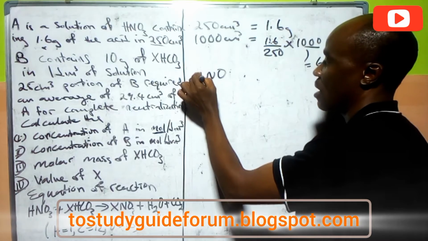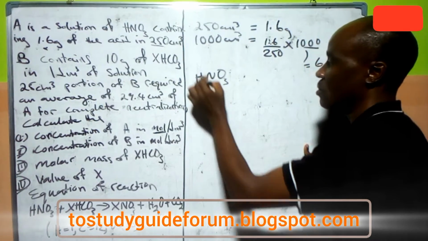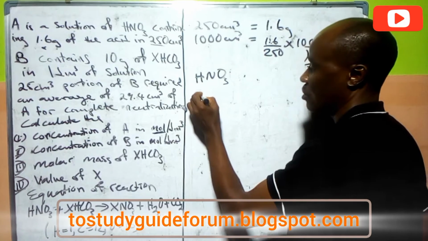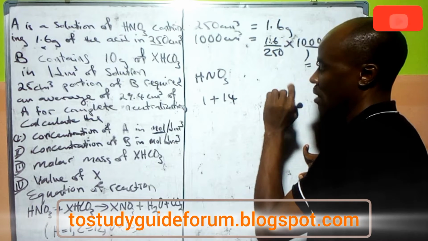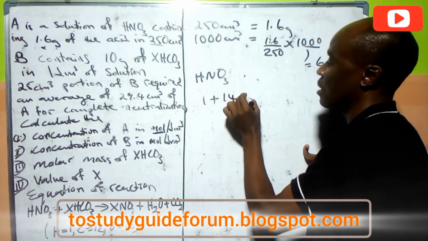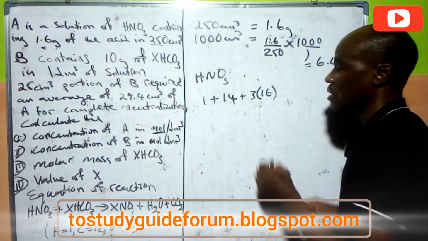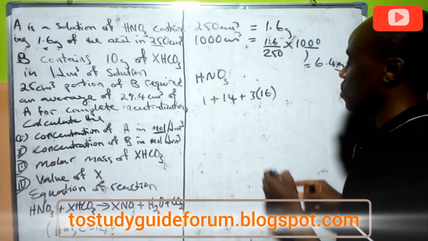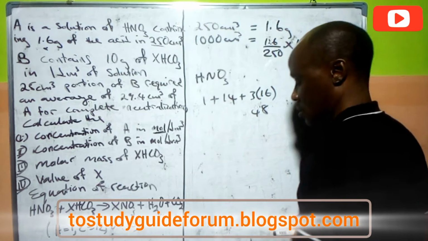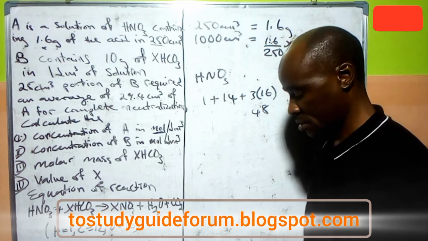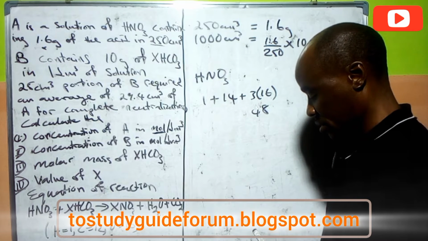nitric acid contains hydrogen, nitrogen, and oxygen. So from what we have here, hydrogen is 1, nitrogen is 14, and then oxygen we have is 3, that means 3 times 16. So what do we do? When we add up everything we have here, 3 times 16 will give us 48.